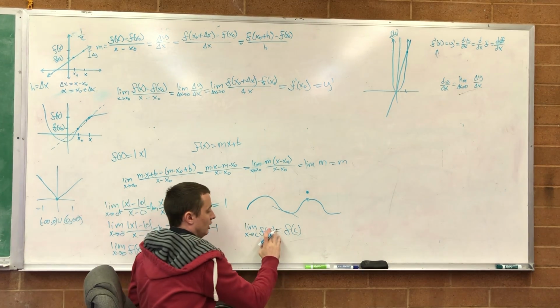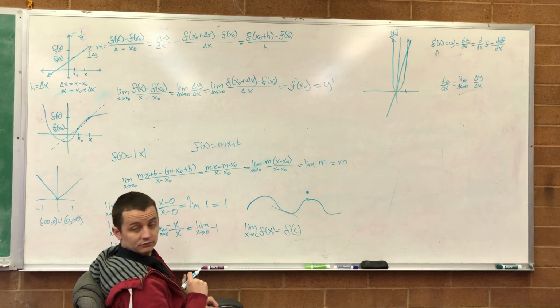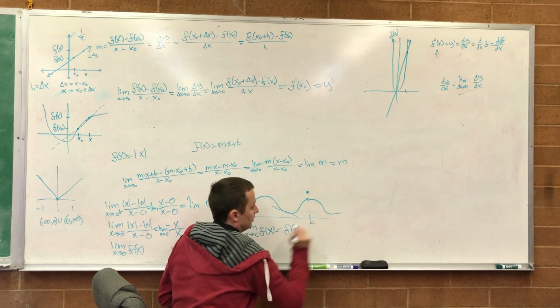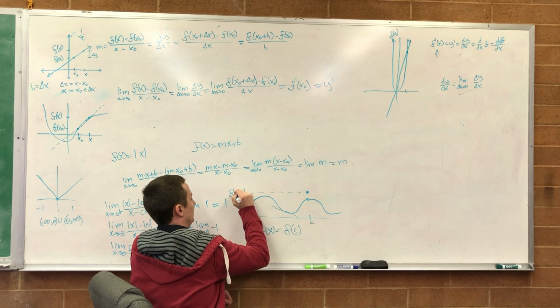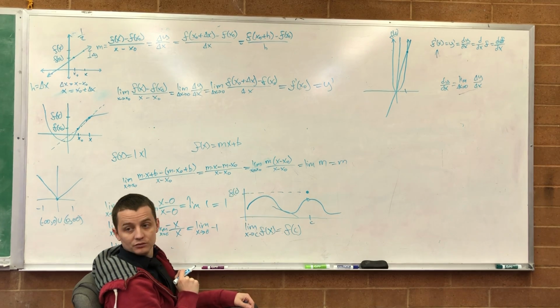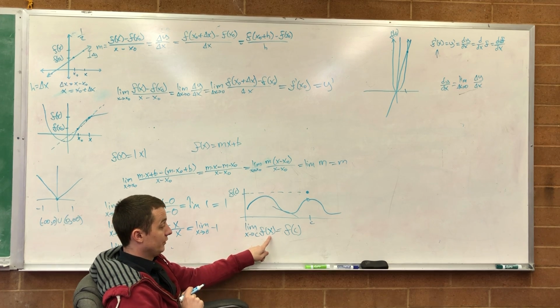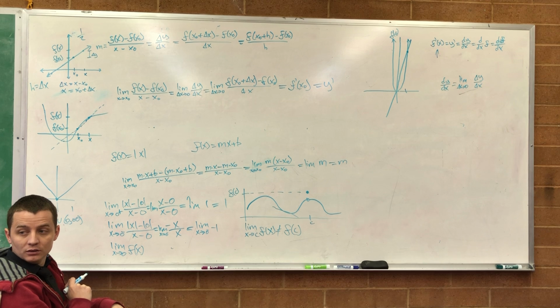That is the definition of continuity. Let's call this point c, and say this value right here is f of c, even though that's not what the limit is. Notice in this case, the limit as x approaches c of f of x is not equal to f of c, so it's not continuous at that point.